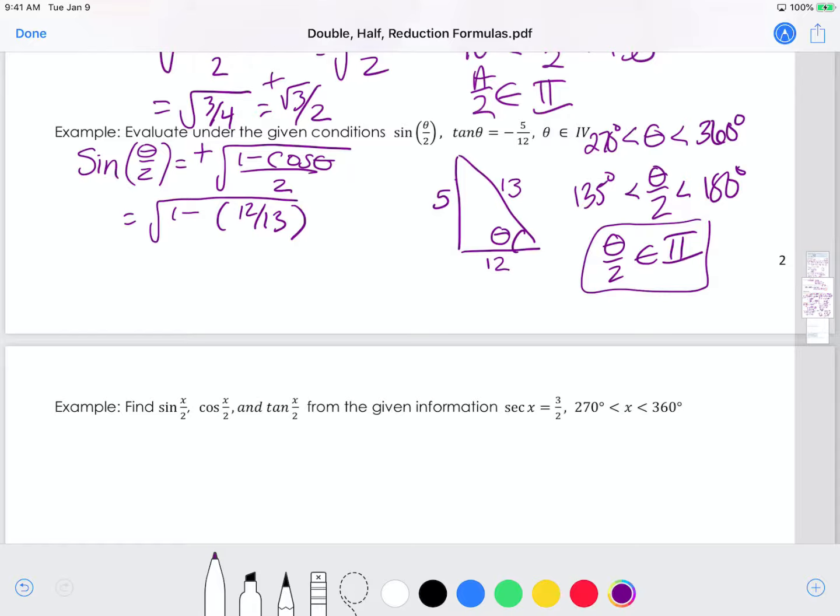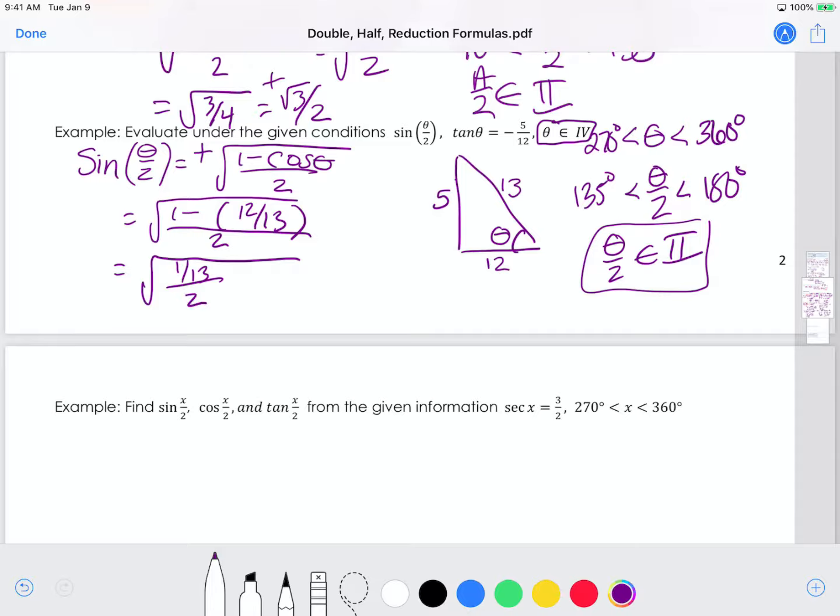I know that cosine of theta is positive because theta is in the fourth quadrant, and in the fourth quadrant, cosine is positive. And then this is all over 2. Now I'm going to rewrite this: 1 minus 12 over 13 is going to be 1 over 13, all over 2.